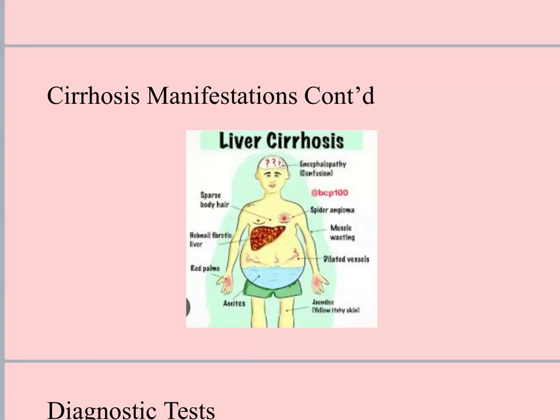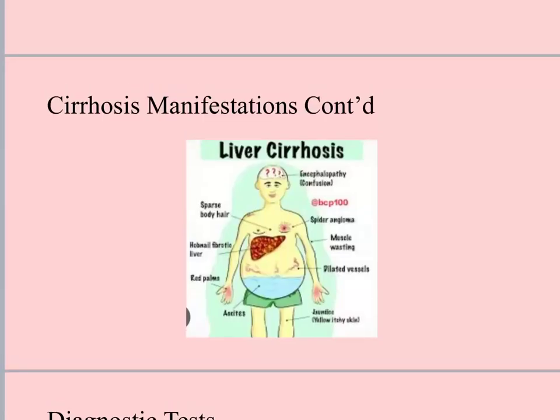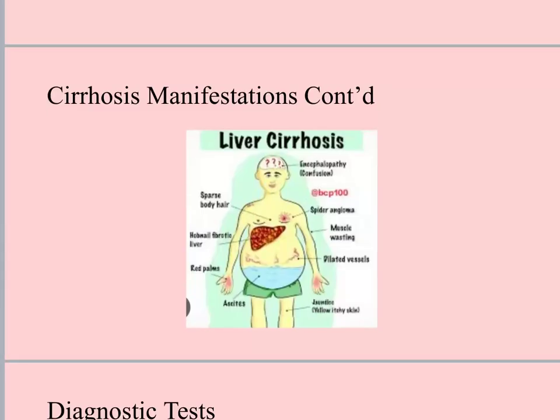Not only will somebody have jaundice, which is yellow skin, they also have pruritus, the medical term for being extremely, extremely itchy. That is because the liver can't metabolize all of these toxins and the bile salts, so they build up in the skin.